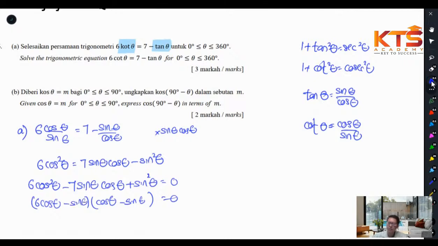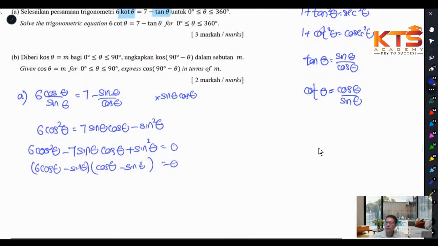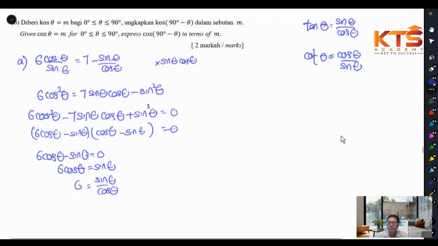Yes, possible. It's 3 marks. Expect to have 9 steps. 6 cos theta minus sine theta equals 0, so 6 cos theta equals sine theta, so sine theta over cos theta equals 6. Tangent theta equals 6.